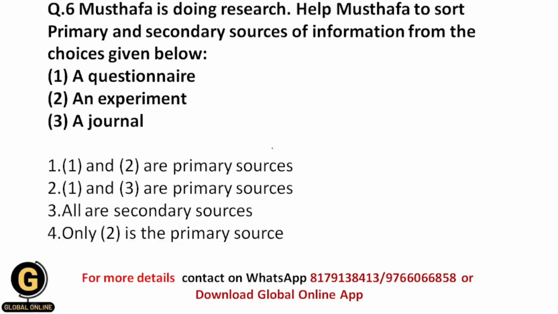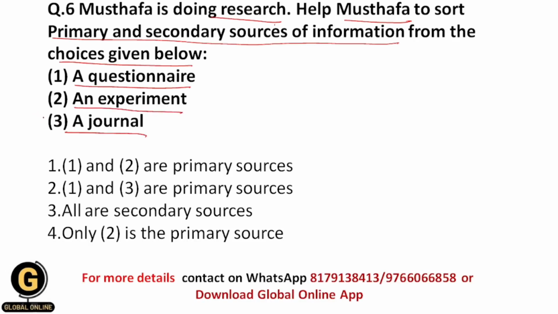Now in this question, students, Musthafa is doing research, and we have to help Musthafa sort primary and secondary sources of information from the choices given below. First is questionnaire, second is experiment, and third is journal. From these choices, we have to sort out which is primary and which is secondary. First, questionnaire means surveys.